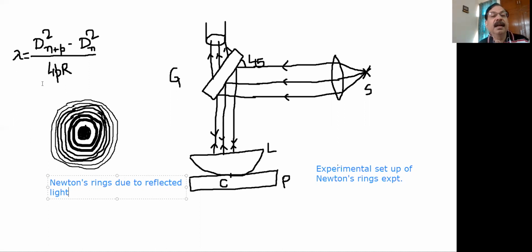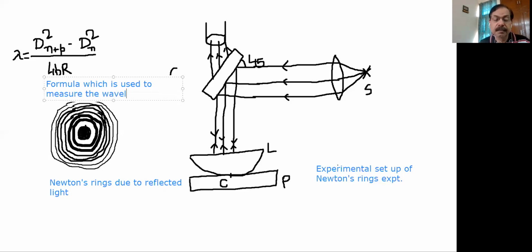And this is the formula which is used to measure the wavelength of sodium light.